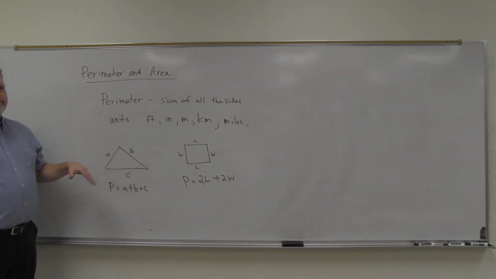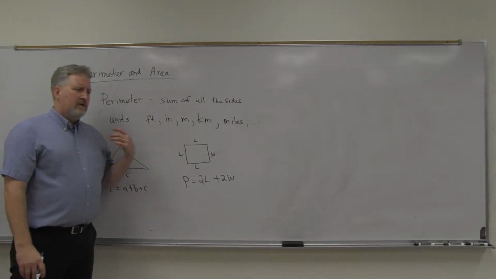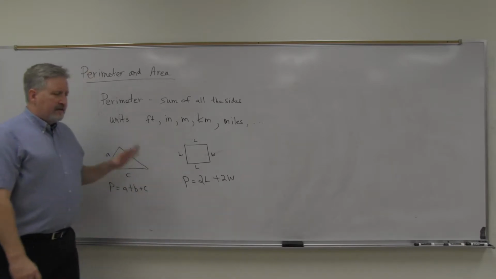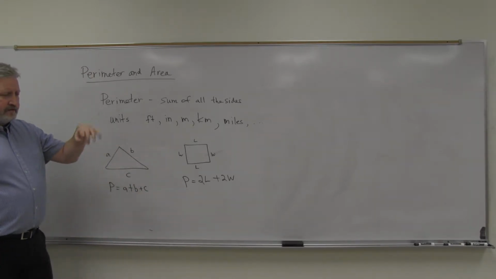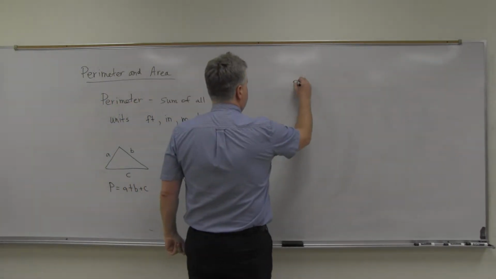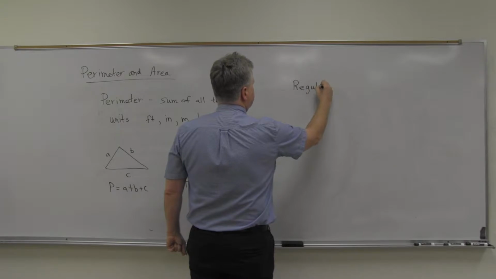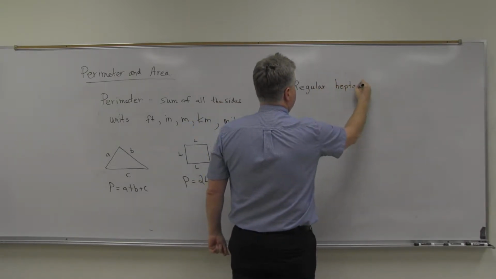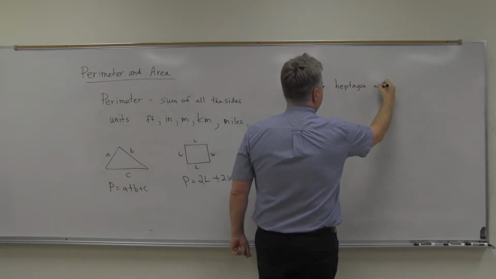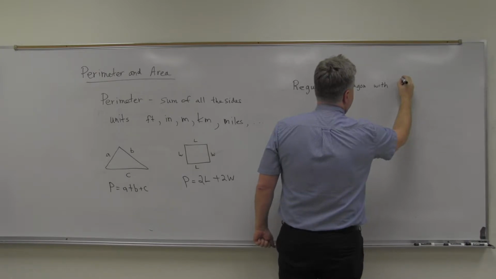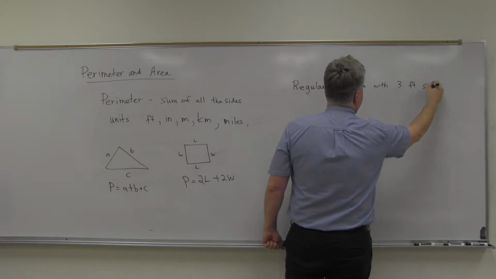Now, one thing that I would point out, so going back to the names of polygons, let's say we've got a regular heptagon with sides of 3 feet.